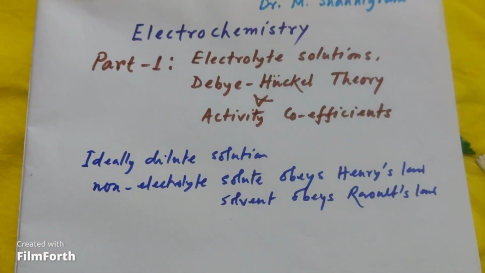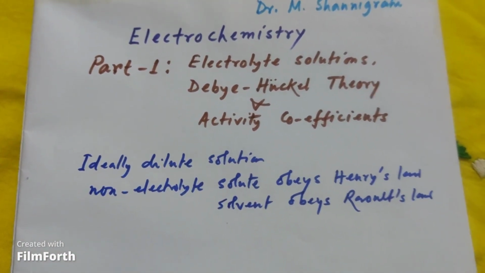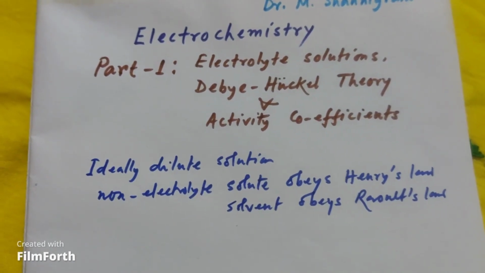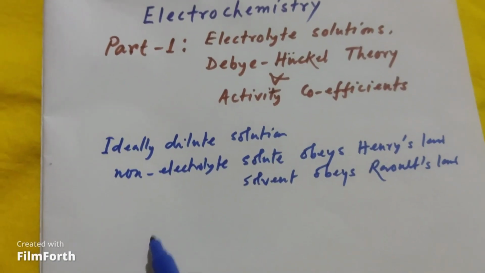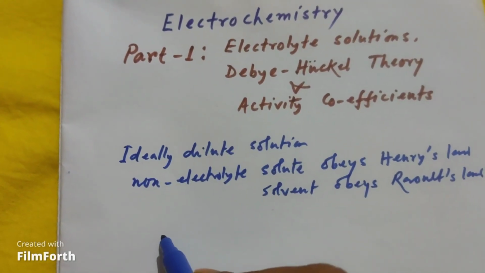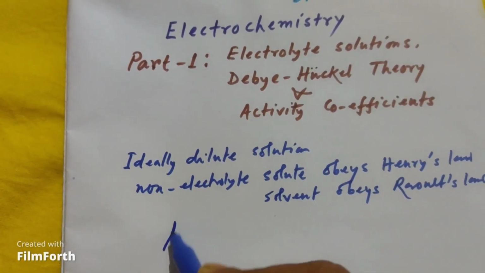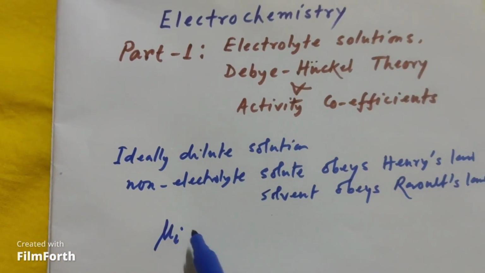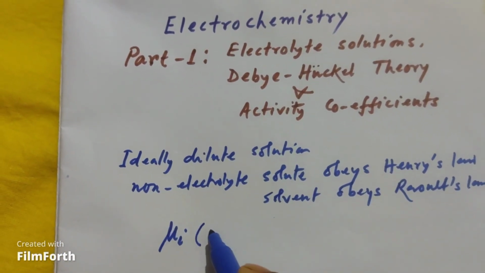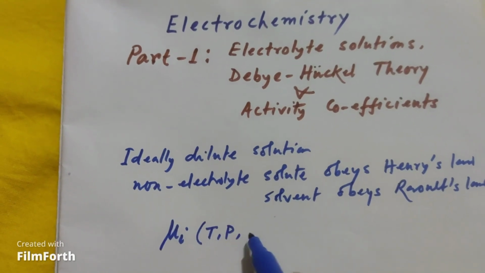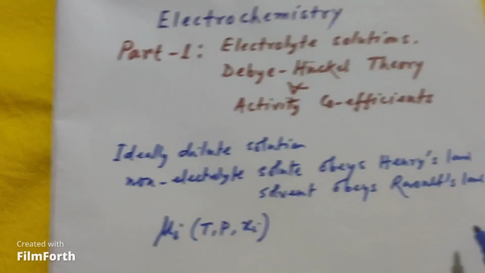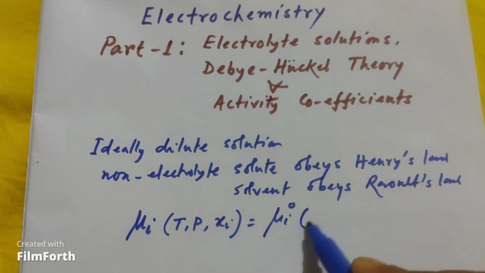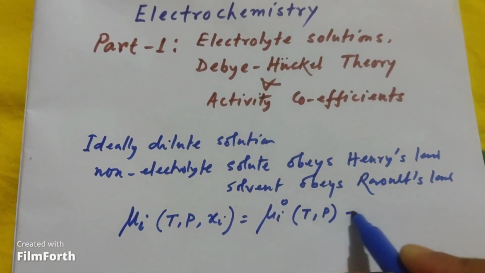So an ideally dilute solution behaves like an ideal one, and we know that the chemical potential of the i-th species in solution, mu i, which is a function of temperature, pressure and mole fraction of the solute, is equal to the standard chemical potential mu i 0 T, p plus RT ln xi.